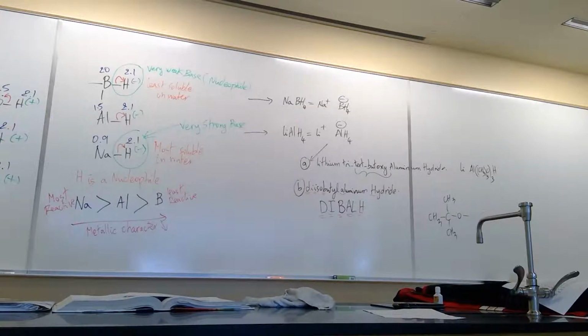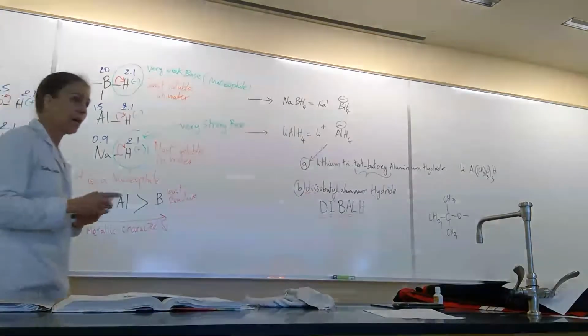Lithium aluminum hydride is very reactive, and it gives you more than 1 hydride. So what do we do to make it reactive but not more than 1? We use D-bulb. So it's still a hydride from an aluminum, is still a polar bond, but it only has 1 hydride, so it stops the reaction after 1 application.